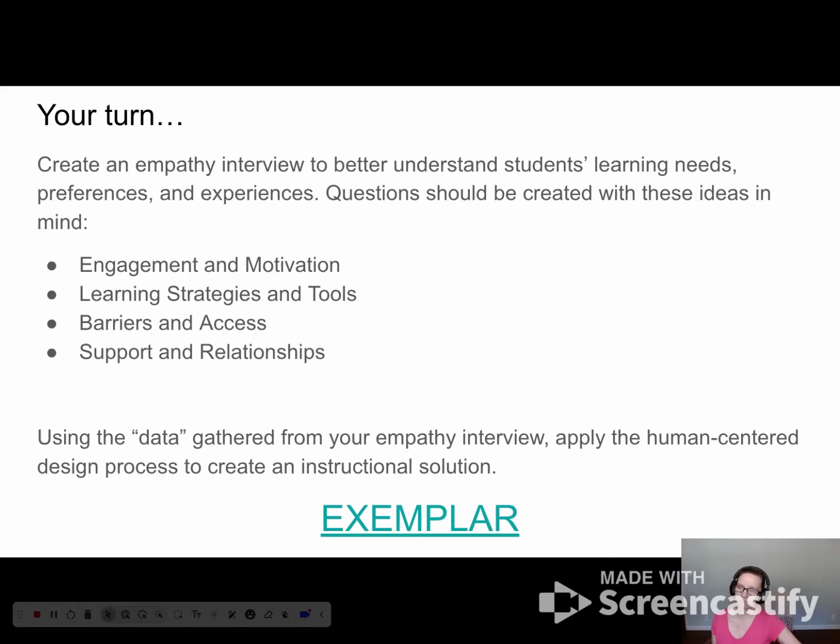So it's your turn. You are going to create an empathy interview to better understand students' learning needs, preferences, experiences. Questions should be created with these ideas in mind: engagement and motivation, learning strategies and tools, barriers and access, support and relationships. Using the data gathered from your empathy interview, apply the human-centered design process to create an instructional solution. And I've given you an exemplar here to take a look at.